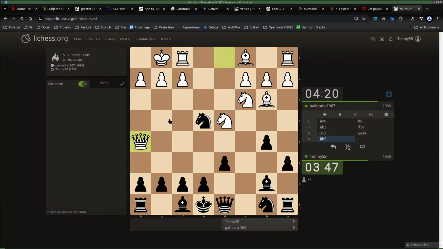Well, then he can go here, attacking my knight and the pawn, but then I can't go back because then I lose my bishop. And why did he not go immediately here? That would have been way better.